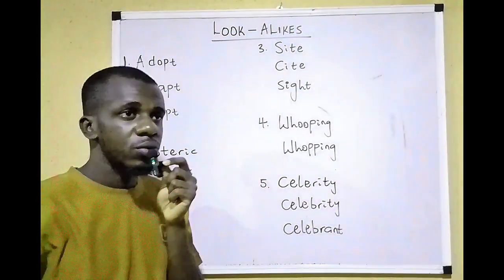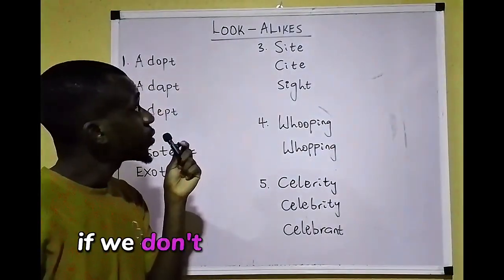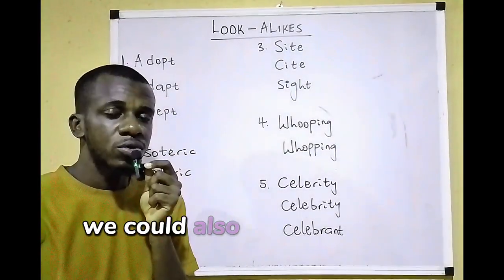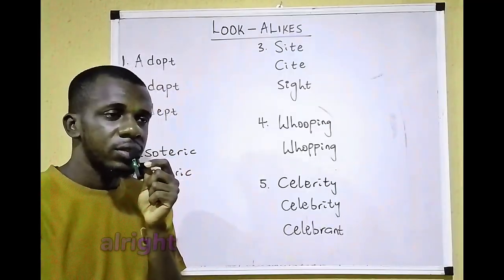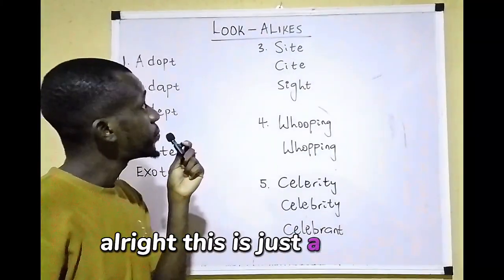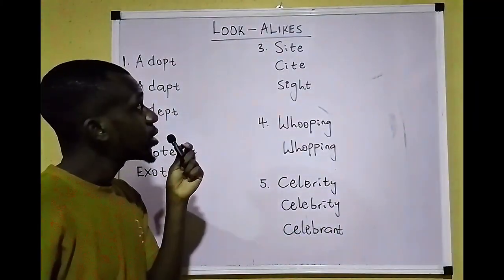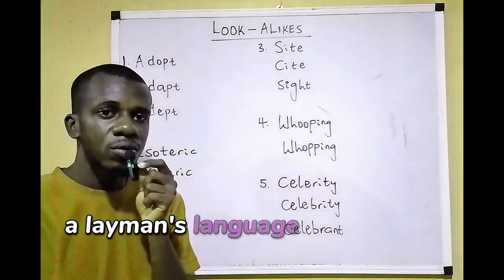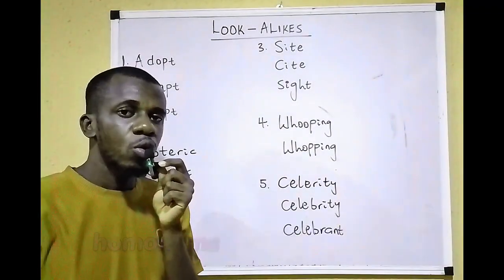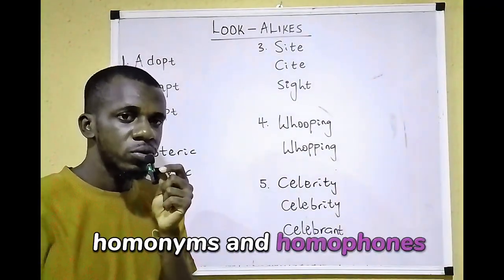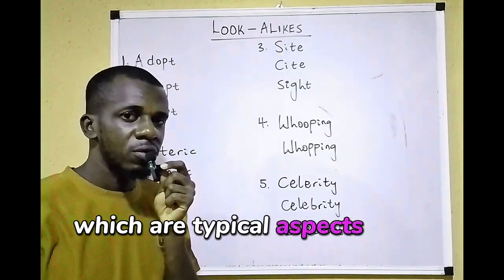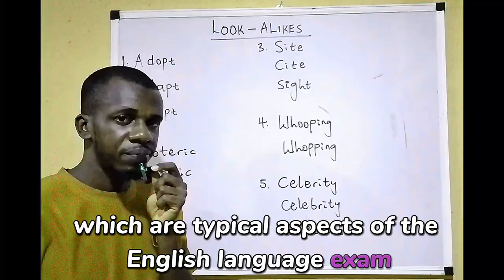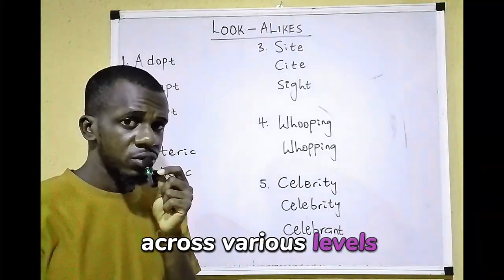If we don't call them look-alikes, we could also call them sound-alikes. This is just a basic or a layman's language for what we call homonyms and homophones, which are typical aspects of the English language exam across various levels.